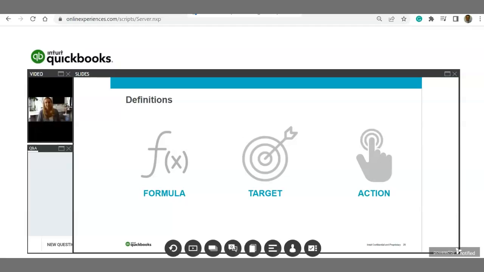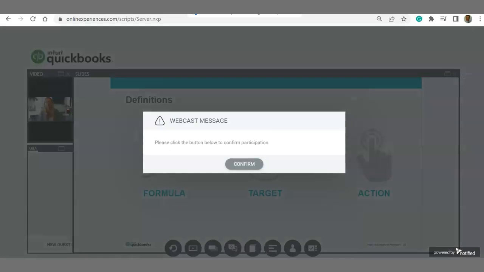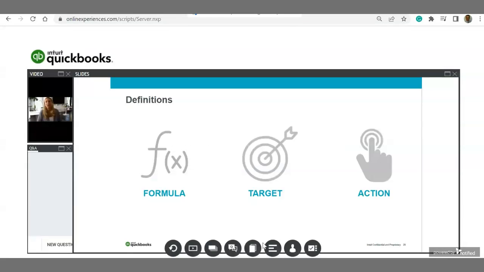So you don't have to memorize these, but as we go through each ratio, I wanted an easy way to make sure we touch on these three components of a ratio. On each of the ratios we're going to talk about, we'll show what the formula is, so you'll know how to calculate it. We'll talk about what a standard target might be for that business, what they might want to aim for, and what actions you can take to improve upon the ratio.